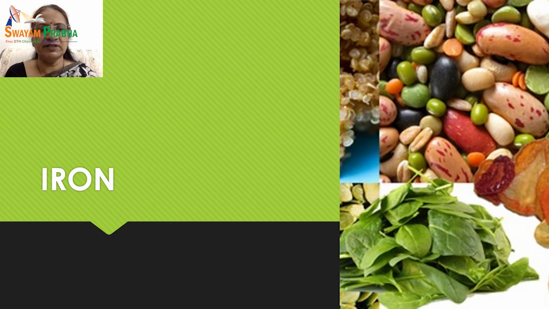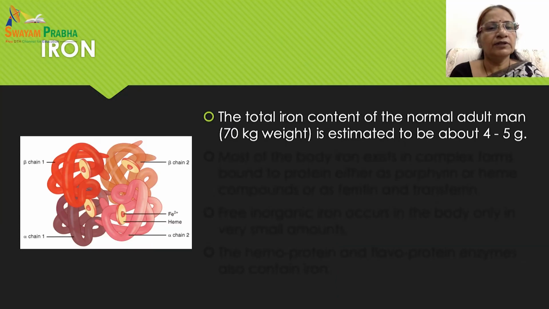Now let us start with iron. The total iron content of the normal adult man of 70 kg weight is estimated to be about 4 to 5 grams. A greater part of the iron in the body is present as hemoglobin.